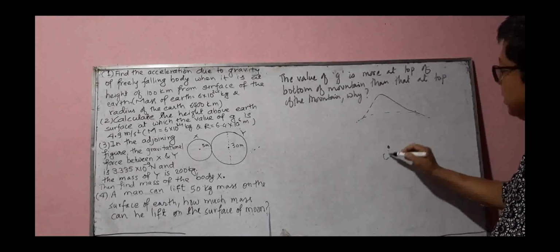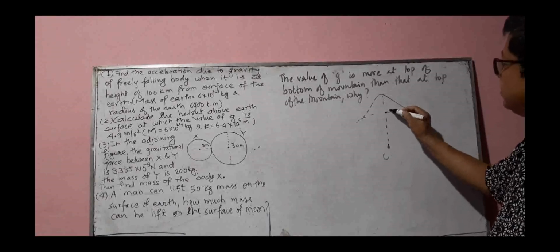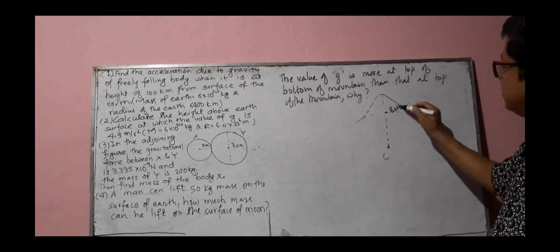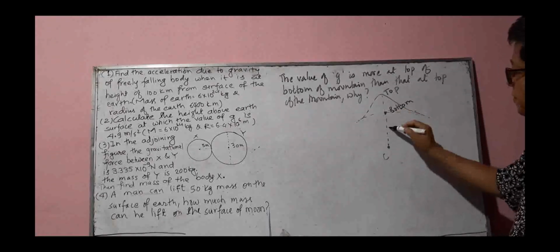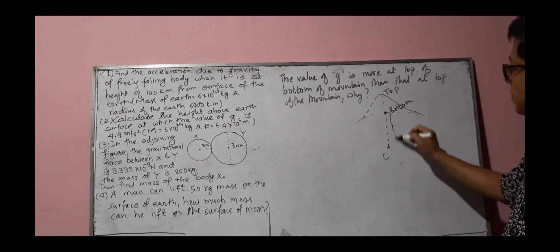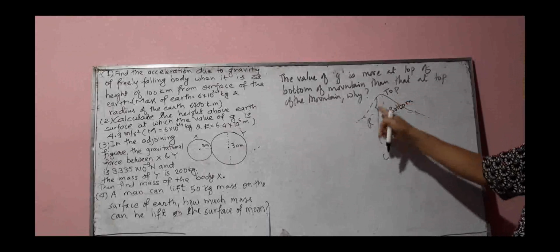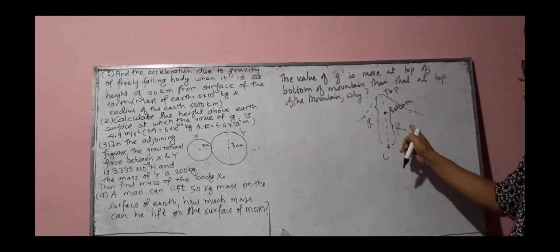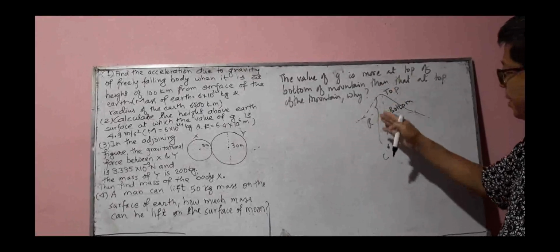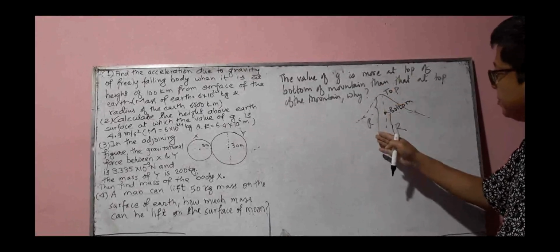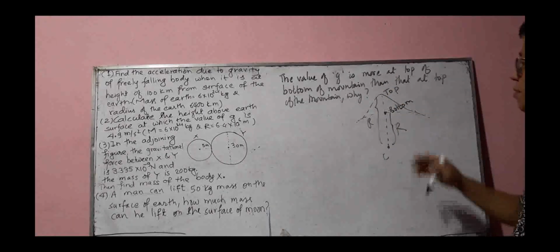It is Earth center, and this is the bottom, and this is the top. So look at here, the R at bottom and R at top of the mountain. This R is greater than this R. So the radius is more at top of the mountain and less at the bottom of the mountain.